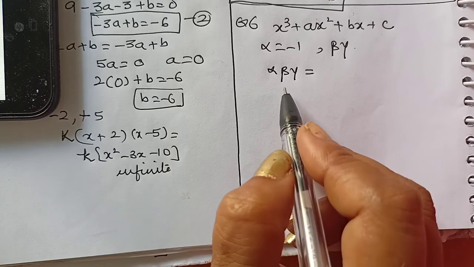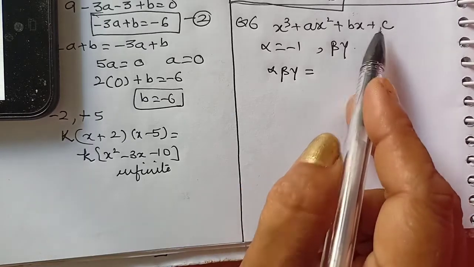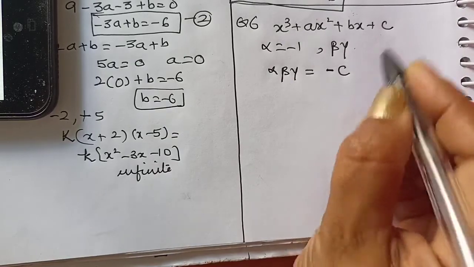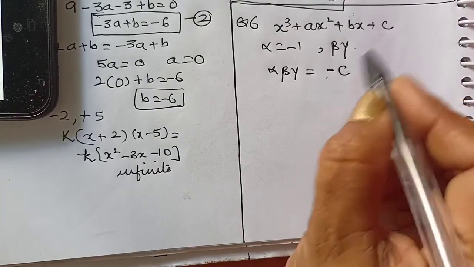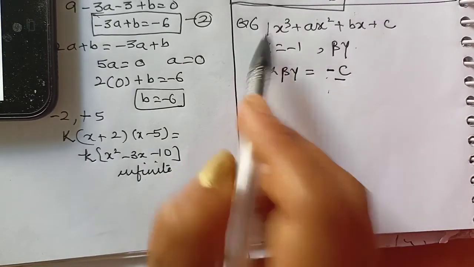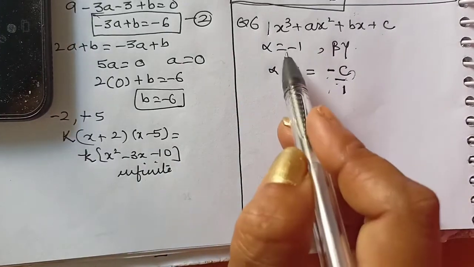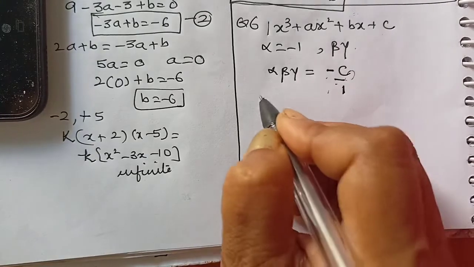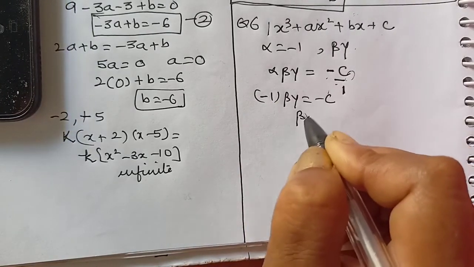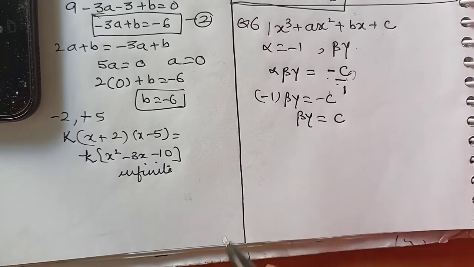The formula is minus d over a. But here d is c, right? So minus c over a. What is a here? A is 1. So alpha is given to be minus 1. So minus 1 into beta gamma is equal to minus c. So my product comes out to be c.